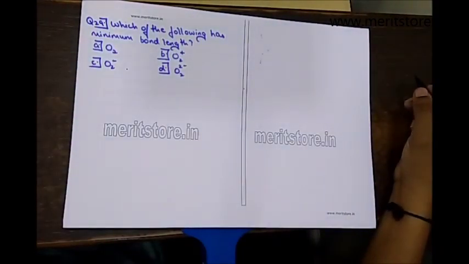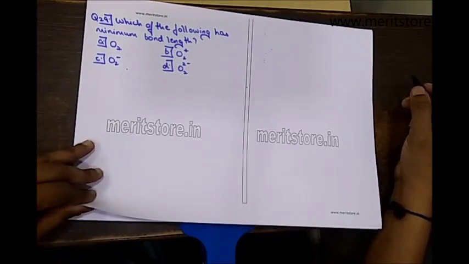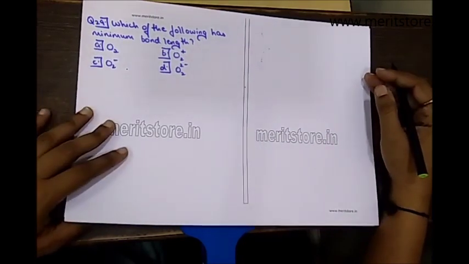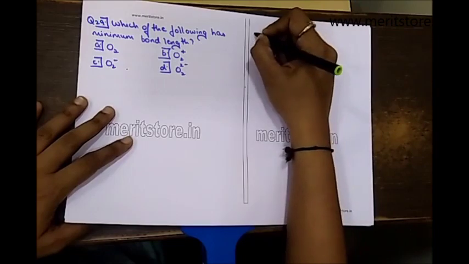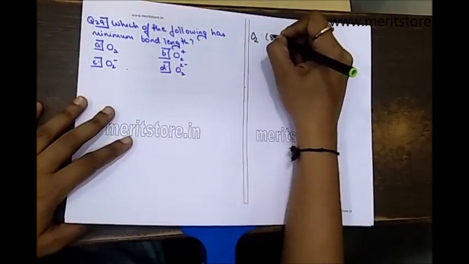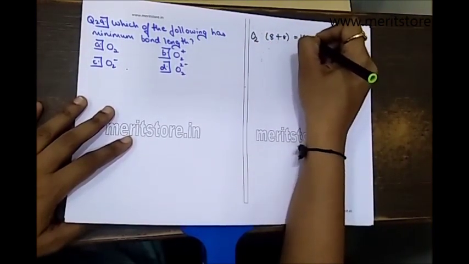Question number 29 is, which of the following molecules has the minimum bond length? We have to find. If I talk about the molecule O2, there are 8 plus 8, that is 16 electrons.